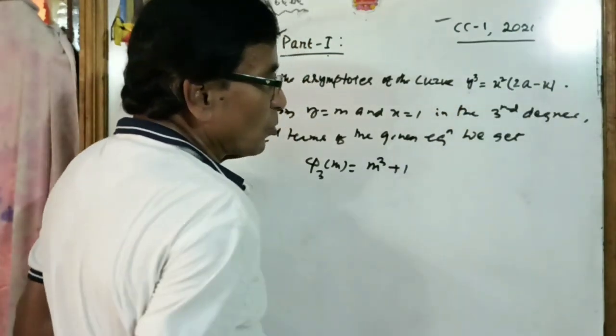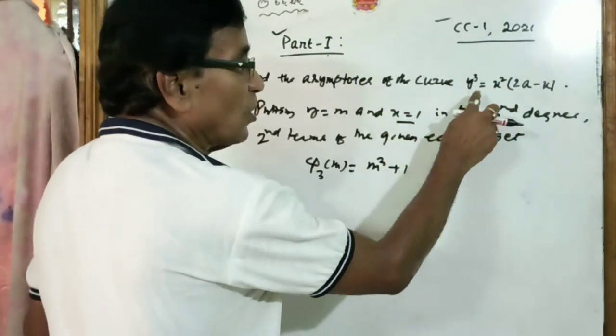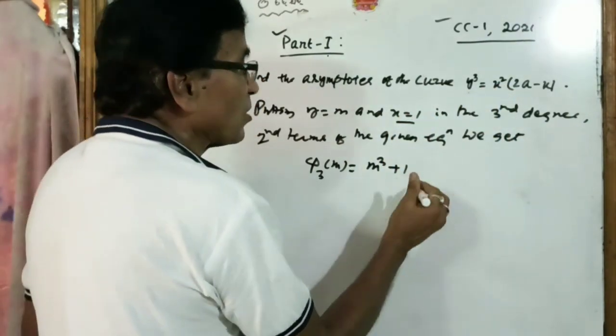So minus x^3 taken to this side will be plus x^3, and putting x = 1, we get m^3 + 1.